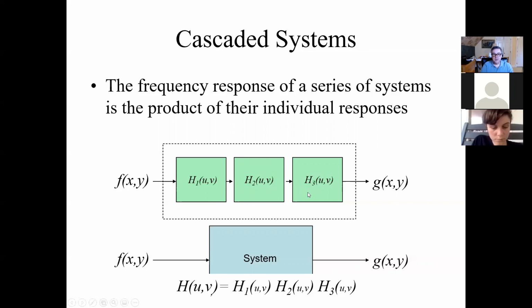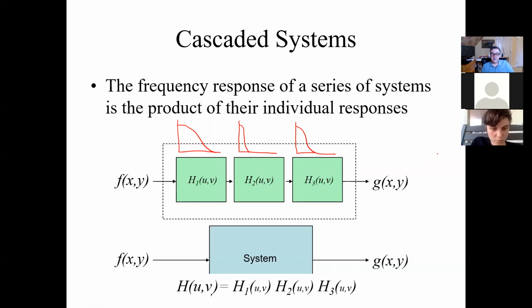Okay, and so if we have a situation where these three elements of the system have different frequency responses. And so H1, let's say, looks like that, and H2 looks like that, H3 looks like that, roughly.